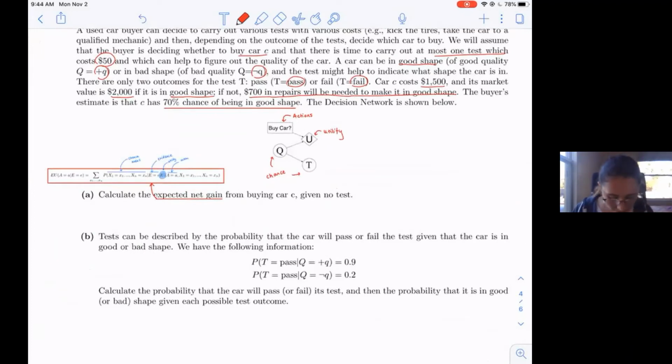Okay, we want to calculate the expected net gain from buying the car C given no test. So to calculate this expected net gain, we can think of this in the context of the languages of decision networks as computing the expected utility of buying a car given no test. So it's the expected utility of taking the action A, which is representing buy, given that you decided to not take any test.